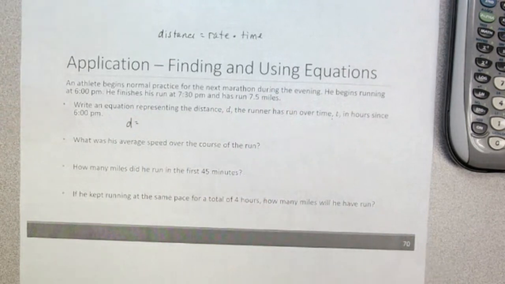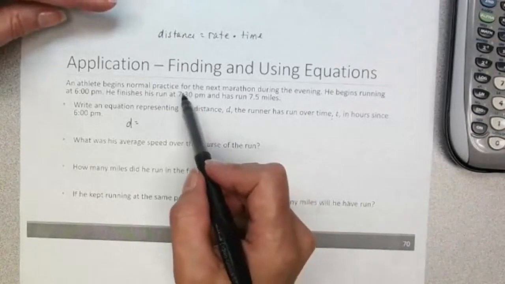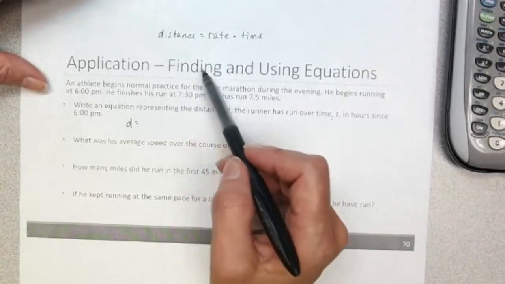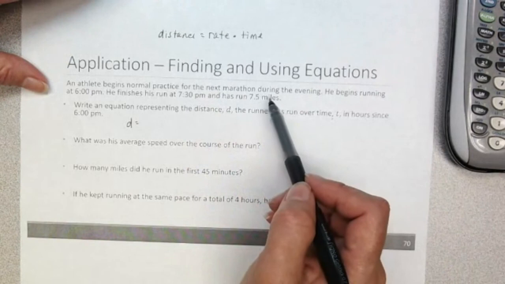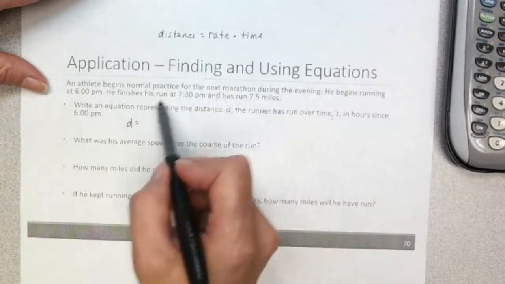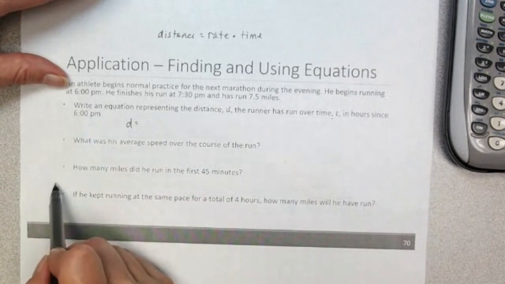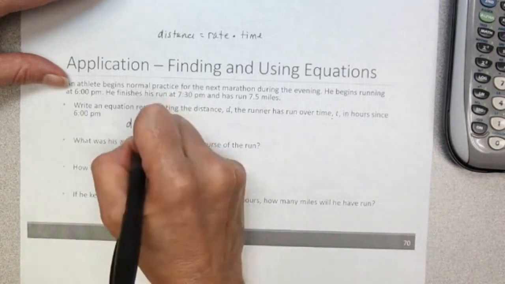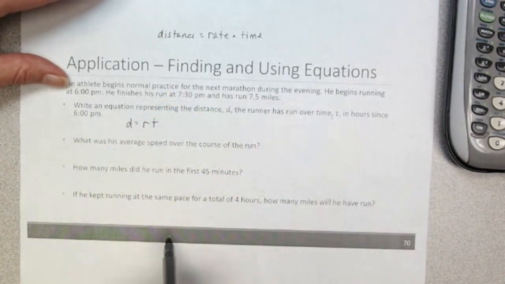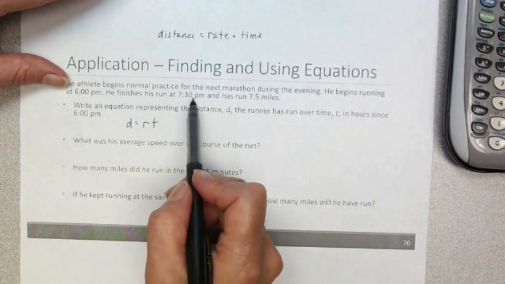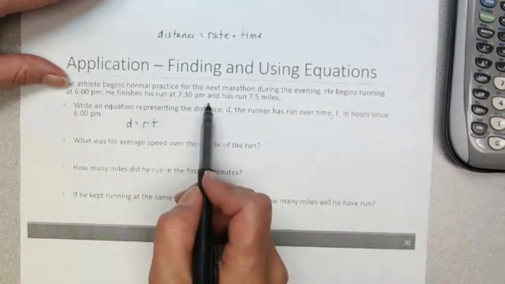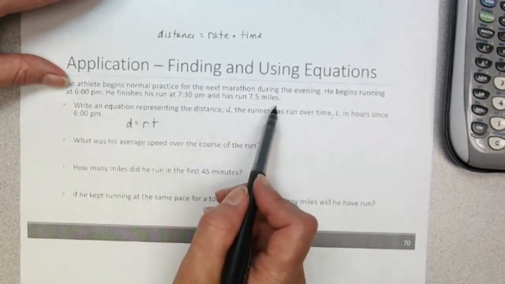So how do we find out that rate? Well, a rate here is how far he ran over time, like if he's running 5 miles per hour or 10 miles per hour. In this case, the rate is how far he ran over the amount of time.